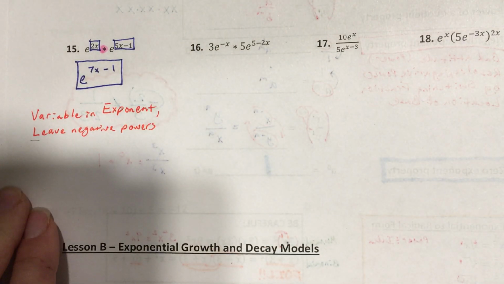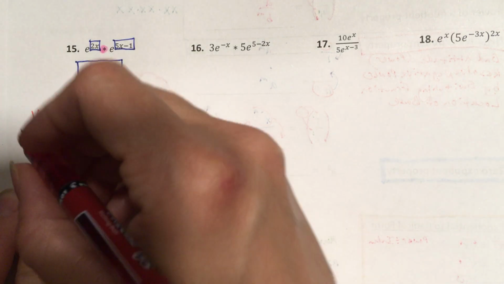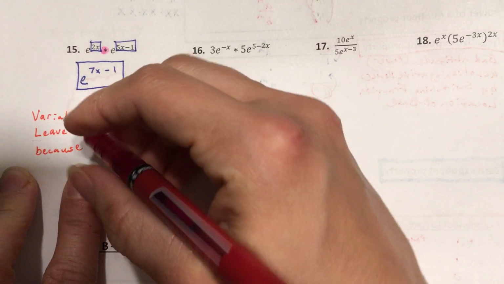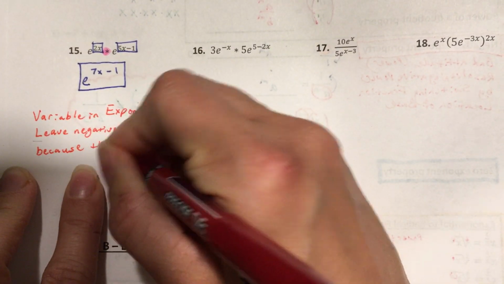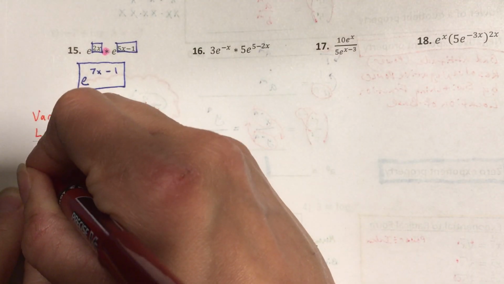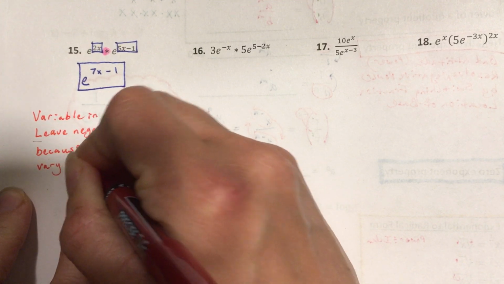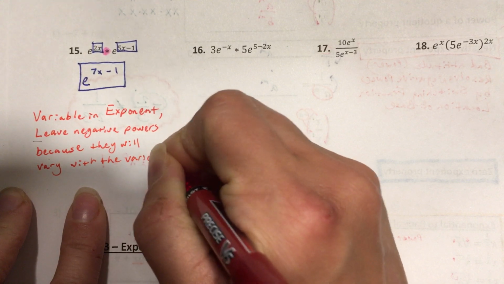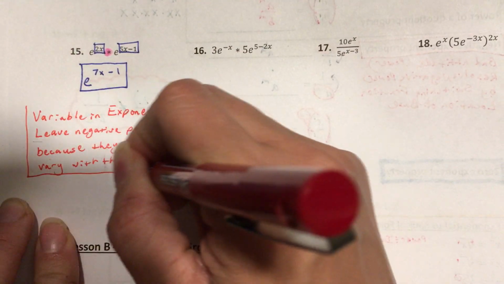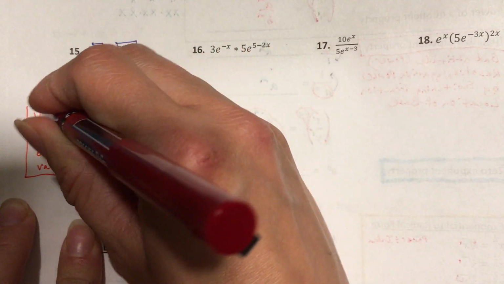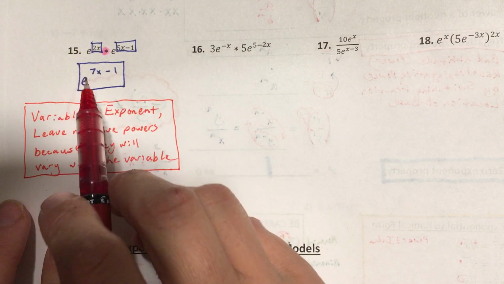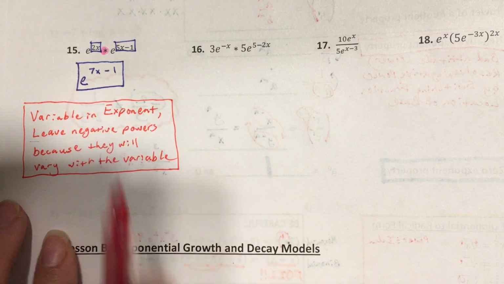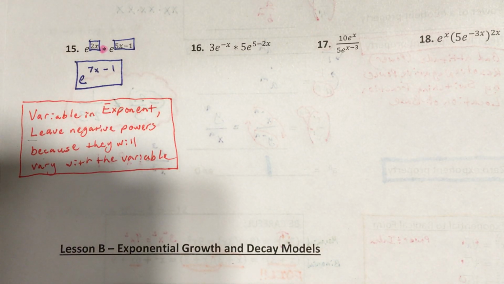And the reason why we leave them alone is because they are going to vary with the variable. So what this means is, even though this is a negative 1, depending on what x is, maybe the exponent as a whole will end up negative, but maybe it'll end up positive.